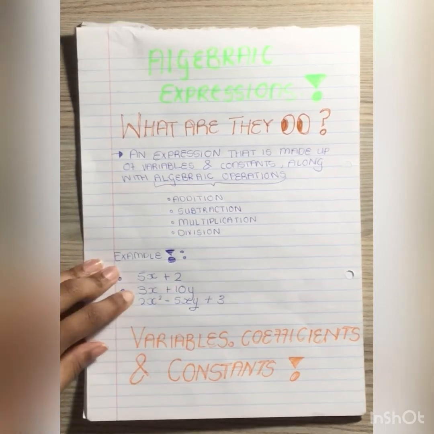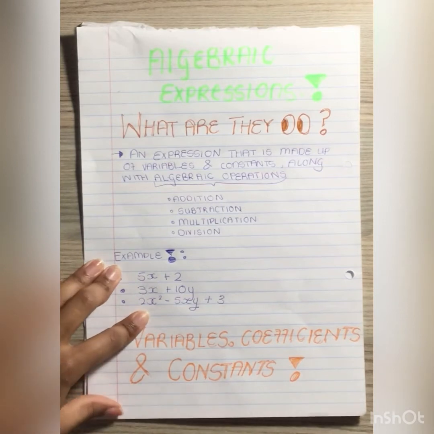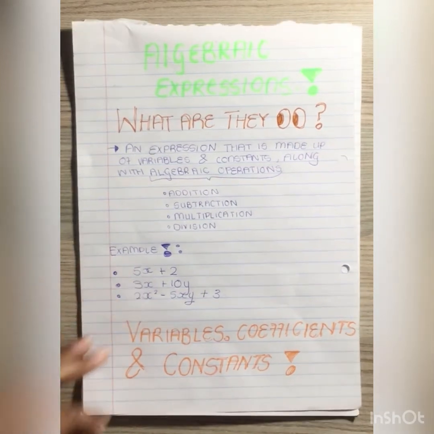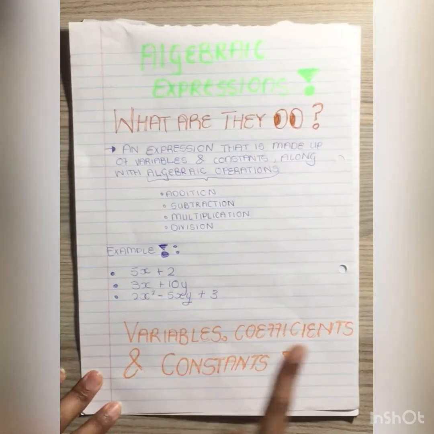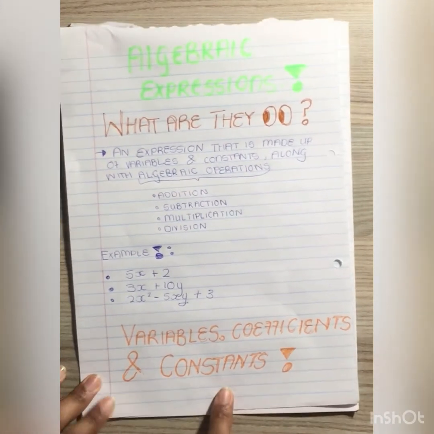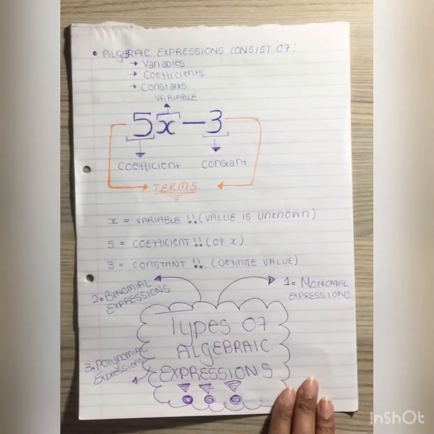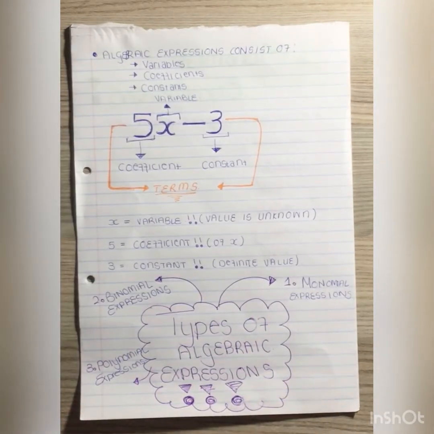Over here, as you can see, are examples of algebraic expressions. Algebraic expressions consist of variables, coefficients, and constants. Here we're going to be looking at some examples.